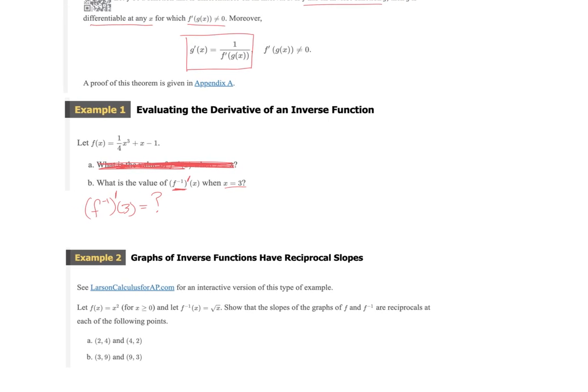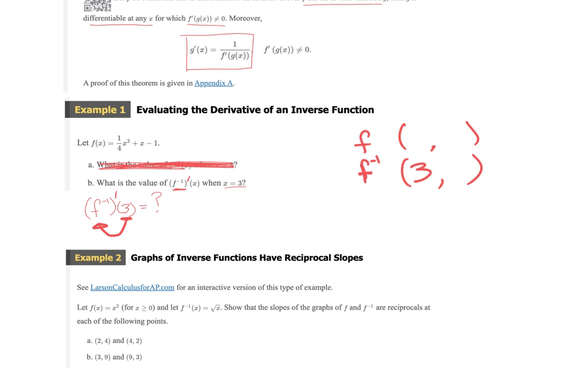To do that, remember, we have a function and its inverse, and I want to know the corresponding points associated with this problem. Well, I want to put 3 into the derivative of this function. So that means 3 is my x value that I'm concerned about on the inverse.